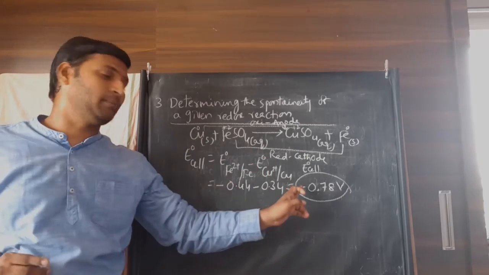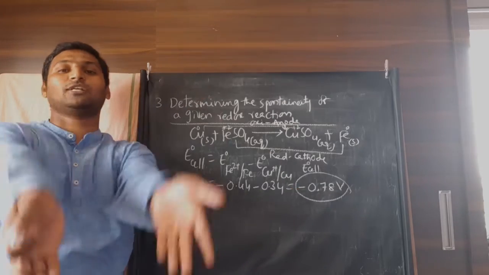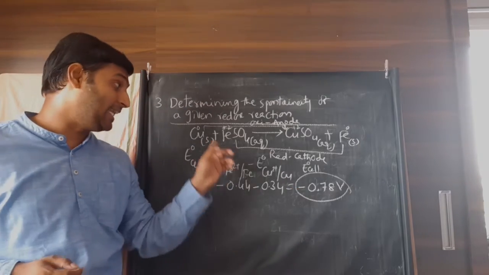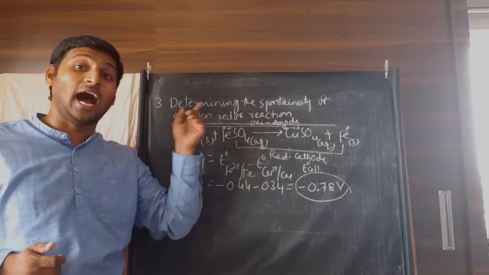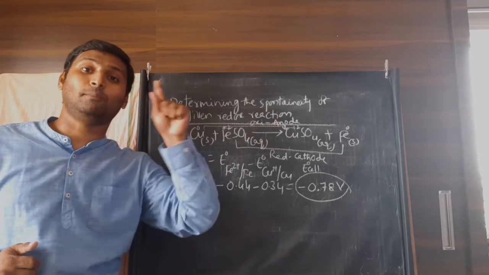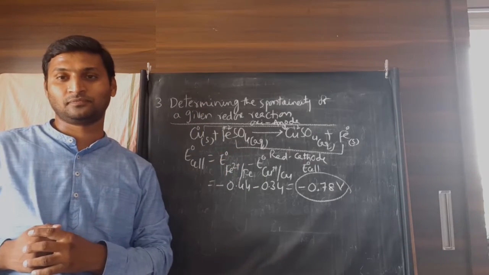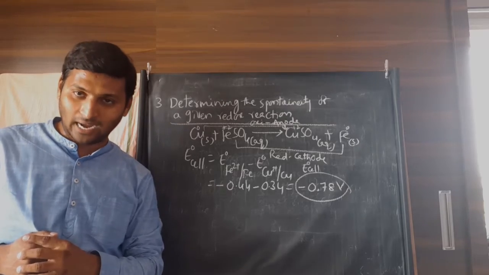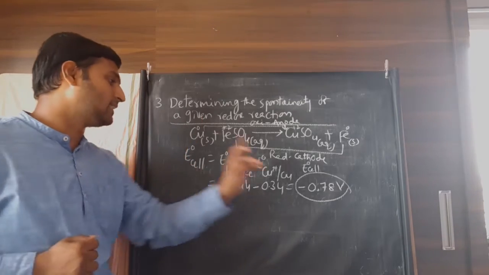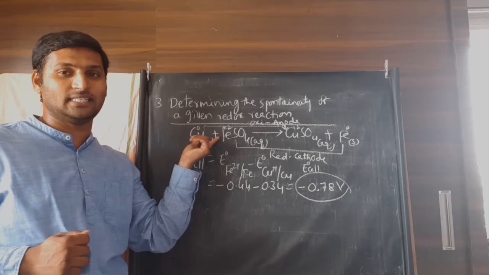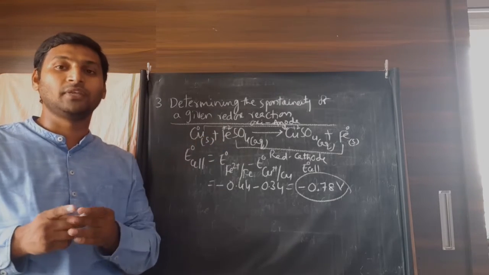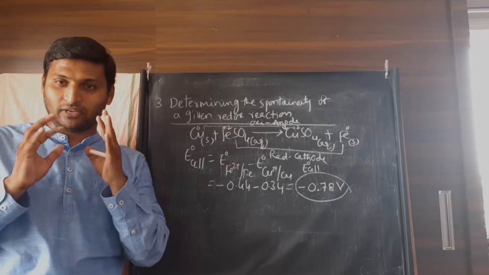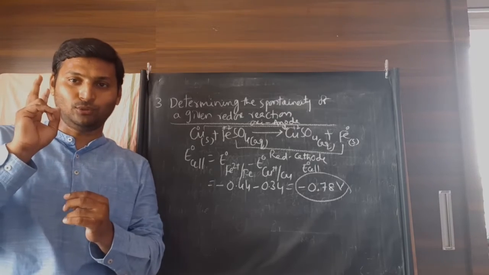If E0 cell is coming negative, what does that mean? We have to supply voltage in turn to that. That means it is a non-spontaneous reaction and it can be conducted only if you pass electricity. Which means that E0 cell negative indicates the reaction is non-spontaneous. So that way, when a reaction is given to you, you have to do two things.